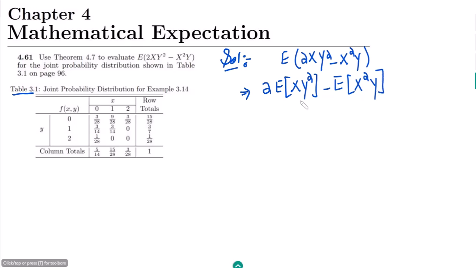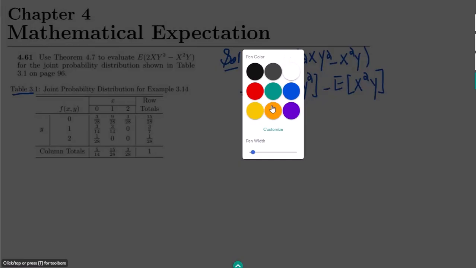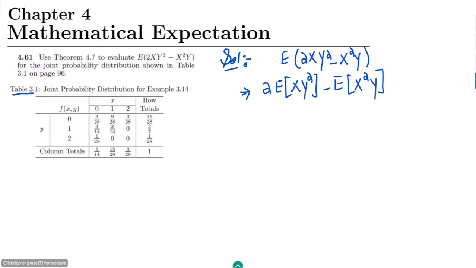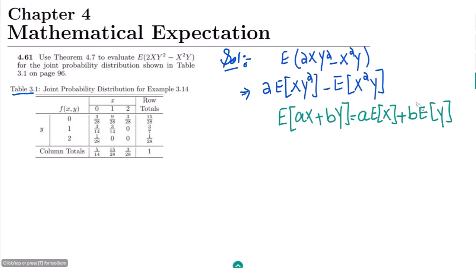Okay, and this is because of the formulation where I have E of ax plus by. If we have this, it will be a E of x plus b E of y. Okay, so this is because of this formula that we have got this one.